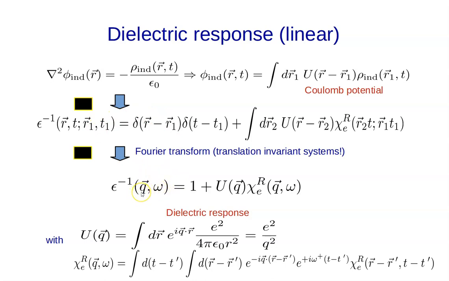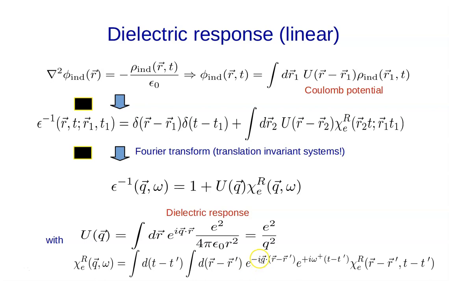And this is something that we're going to start doing in general. The dielectric response is usually cast in this form: 1 plus u over q times the correlation function as a function of q and omega, which is defined, as I mentioned, as a Fourier transform both in time and in space.